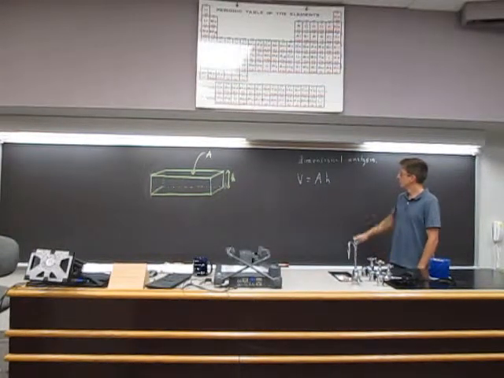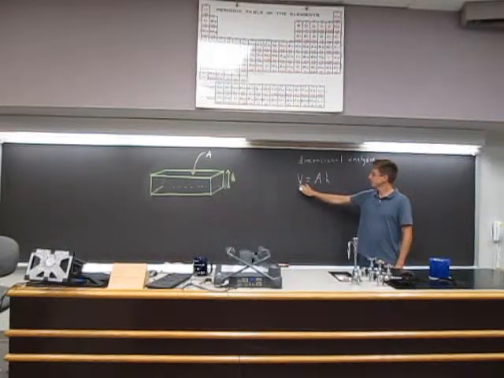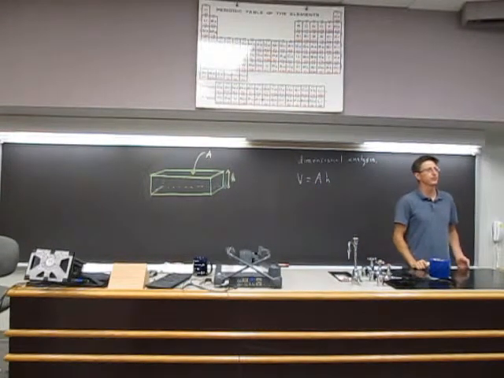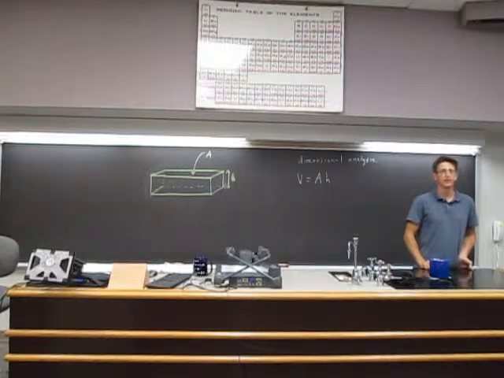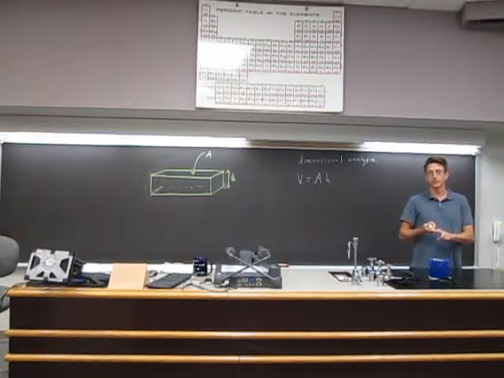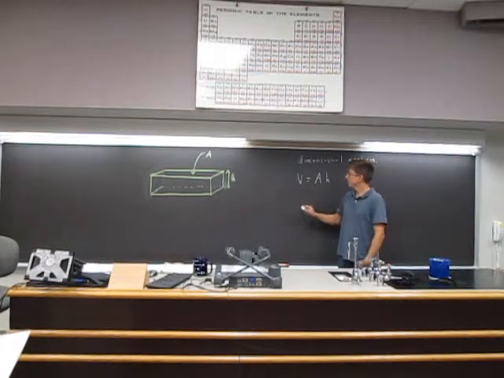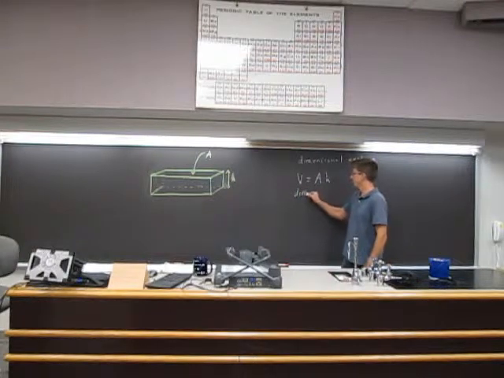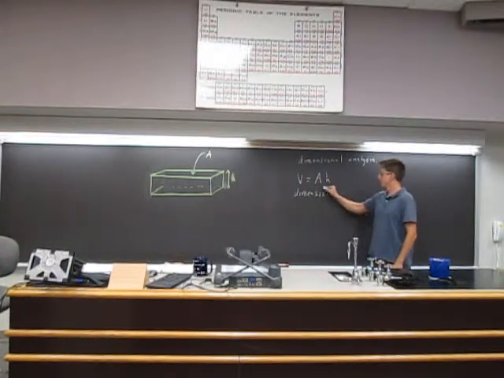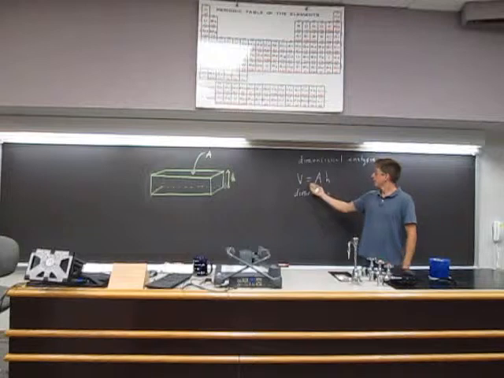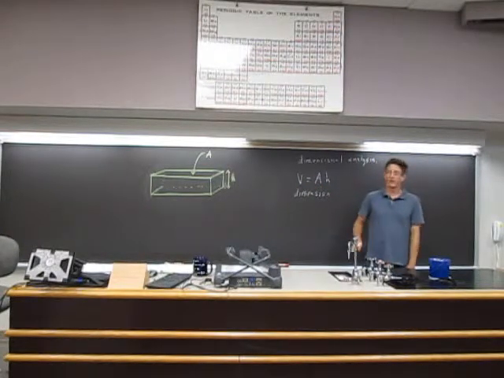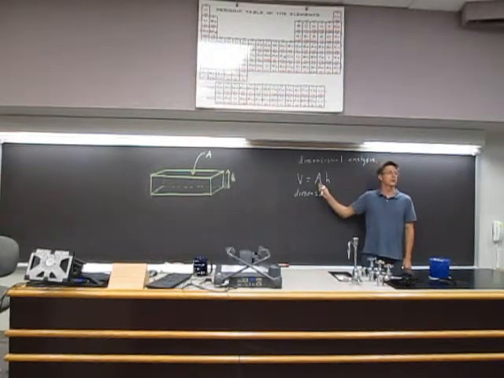This volume is independent, it's a real physical thing, and it's independent of the units we use to write it down. So it doesn't matter what the units are that we use to write down the volume, they will always be the same volume. And we can talk about the dimension of this expression as whatever units we use to write it down, it's going to involve a length cubed.